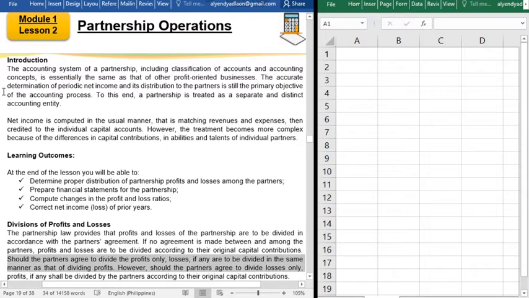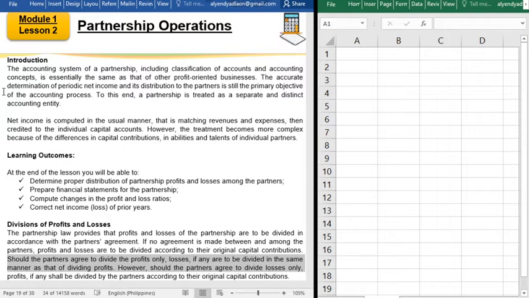Now, should the partners agree to divide the profits only, losses, if any, are to be divided in the same manner as that of dividing profits. So if the agreement did not state any manner as to the allocation of loss, then whatever is the manner of allocating the profit, that would also be the allocation of loss.